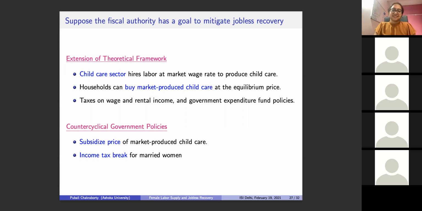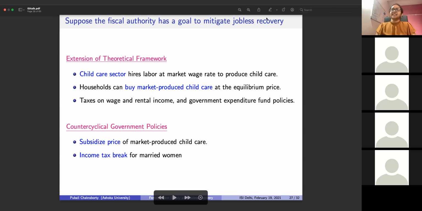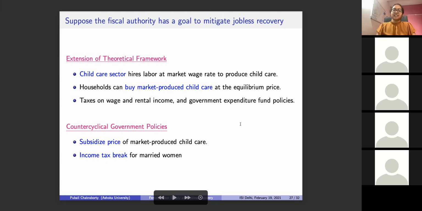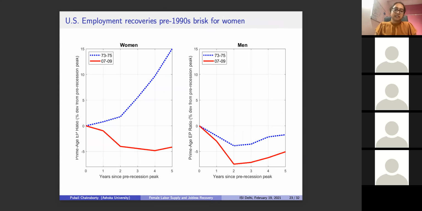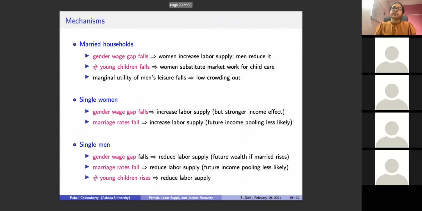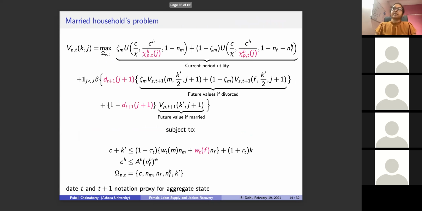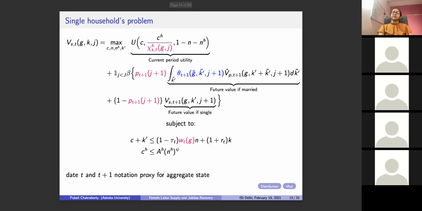Okay, so Pubali, I'm going back to your thing. It looks like if you are matched, then your utility is being augmented by the income of your spouse.